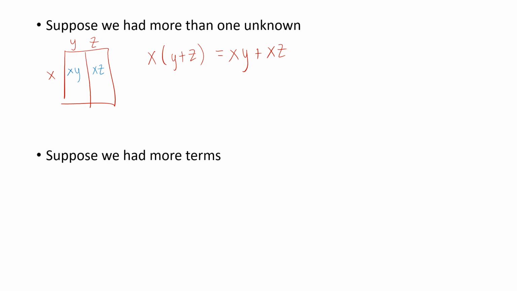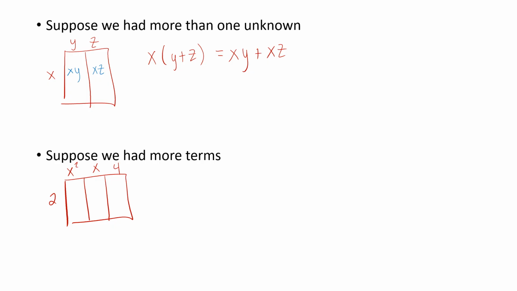and it also works if you have more terms. So suppose instead of dividing the rectangle into 2 pieces, we divided the rectangle into 3 pieces. That should still work in theory. So suppose we know the height here is 2, but now we're dividing this into more pieces. So we'll call that x squared, and this is an x and this is a 4, okay? So we don't know what those all are.